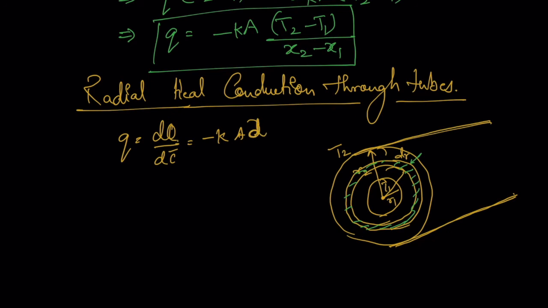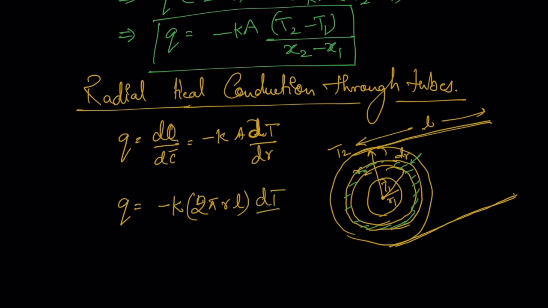We can write d now, not partial, because we know the change in temperature is radially, right? So dT by dr, right? So q is equal to minus k A, where A is the surface area normal to the flow of heat. So surface area will be 2 pi r l, where l is the length, so q equals minus k 2 pi r l dT by dr.